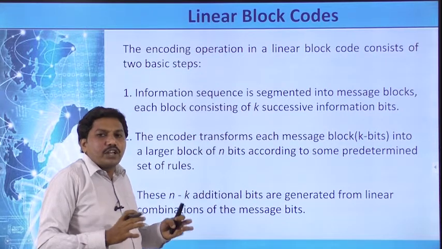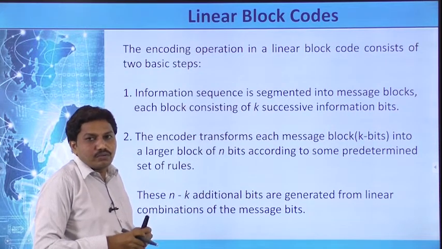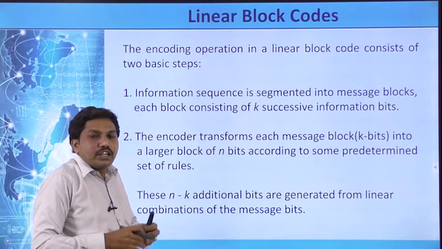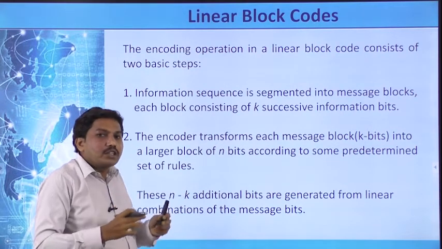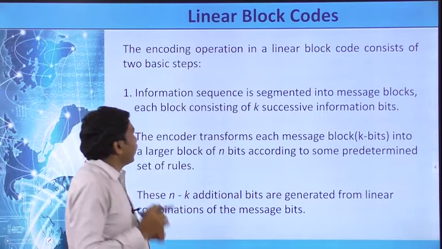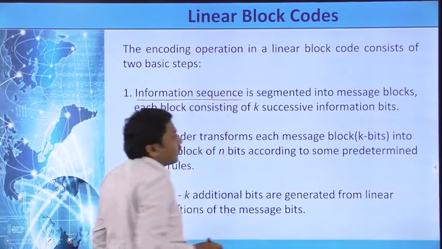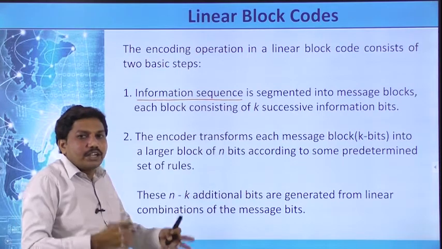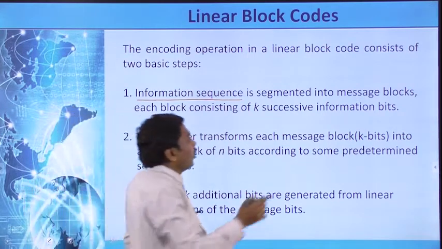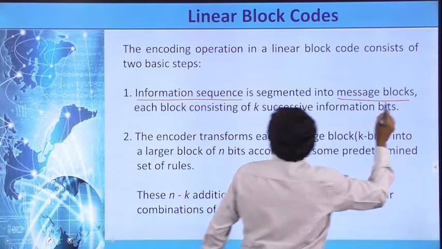So what is the encoding operation of a linear block code? The encoding operation of a linear block code has two basic steps. The first one is the information sequence is segmented or divided into message blocks.